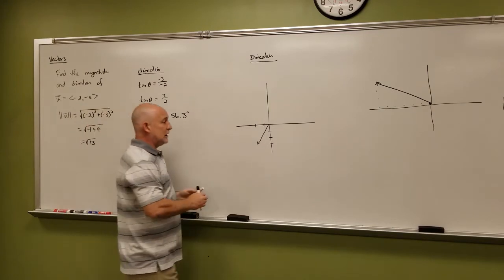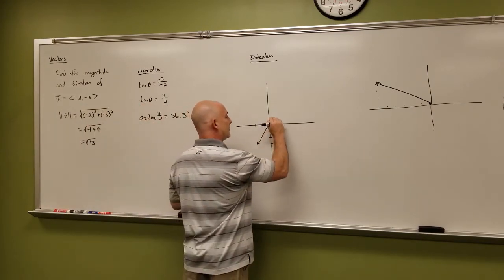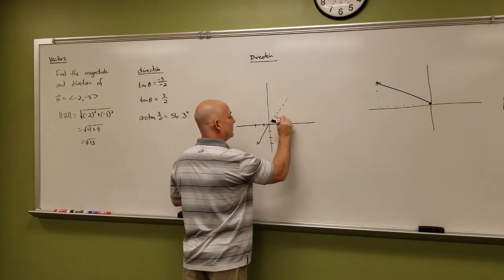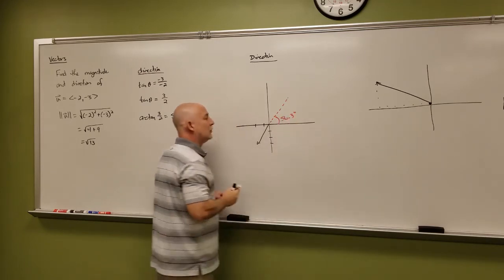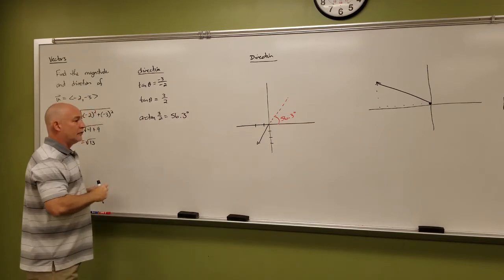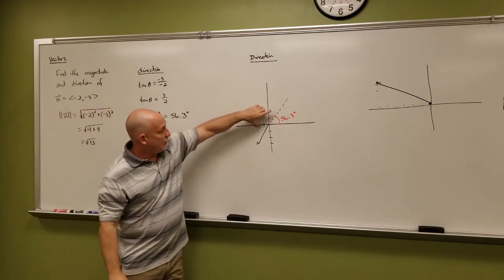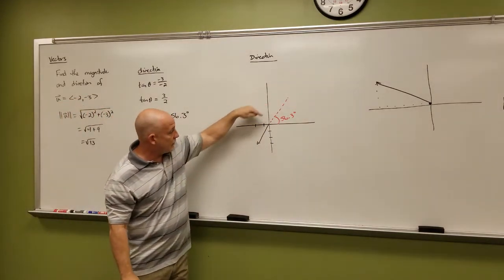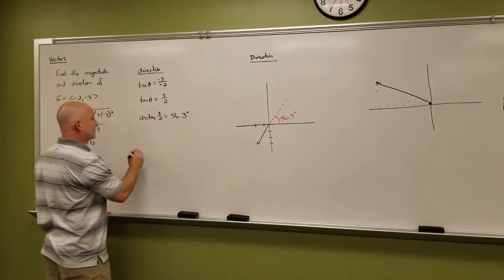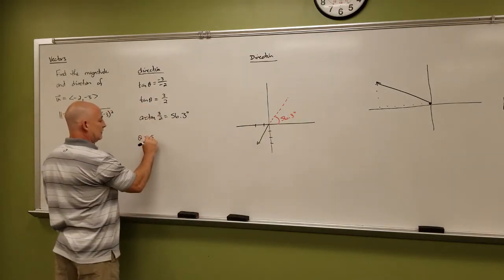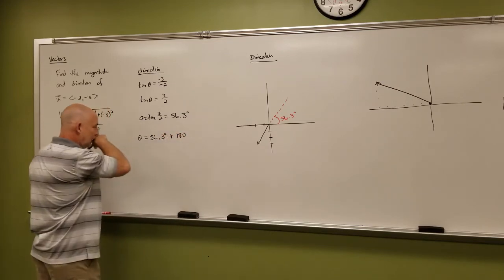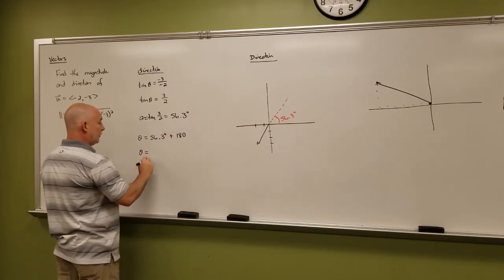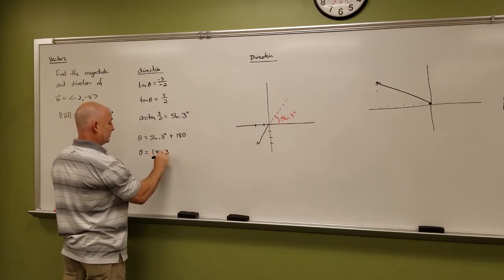So what we actually ended up with here is this angle, 56.3. That angle right there. Notice for the arc tangent, it gives you the angle that's straight across from it. So the actual answer here, theta, is going to be 56.3 degrees plus 180. So what's that, 236.3 degrees?